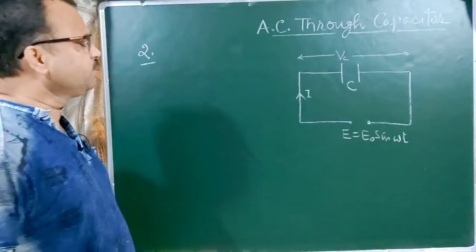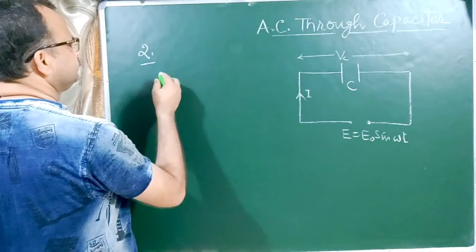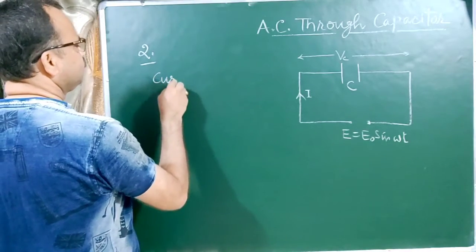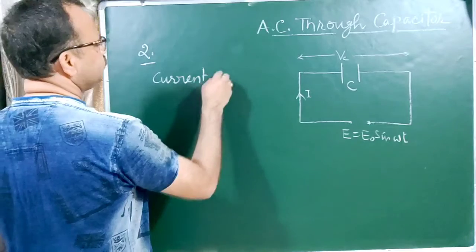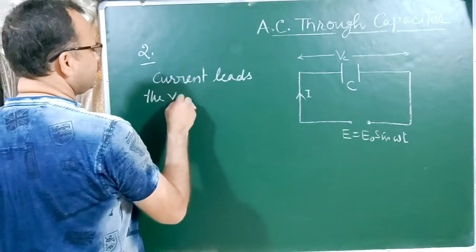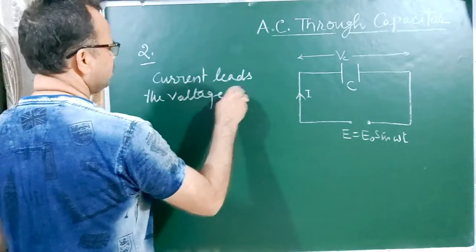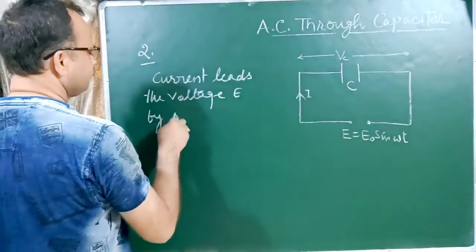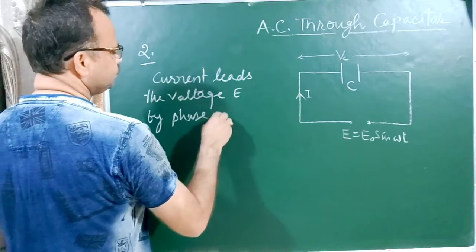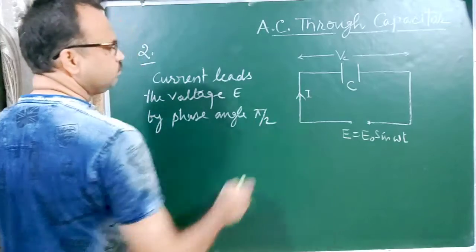Second important point: in case of a capacitor, the current leads the voltage by phase angle pi by 2.